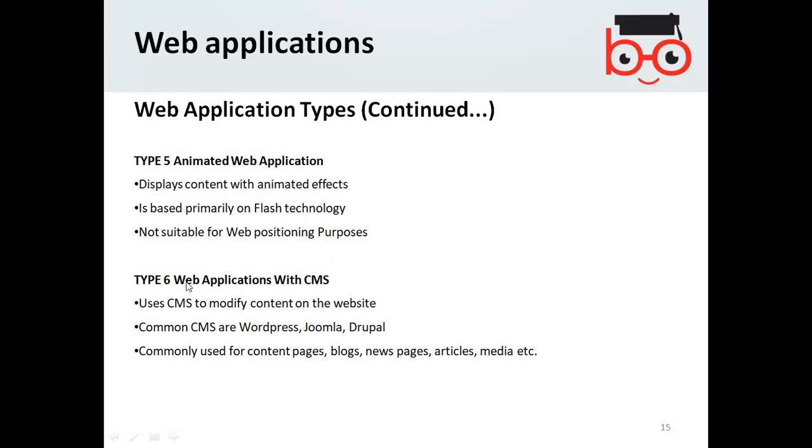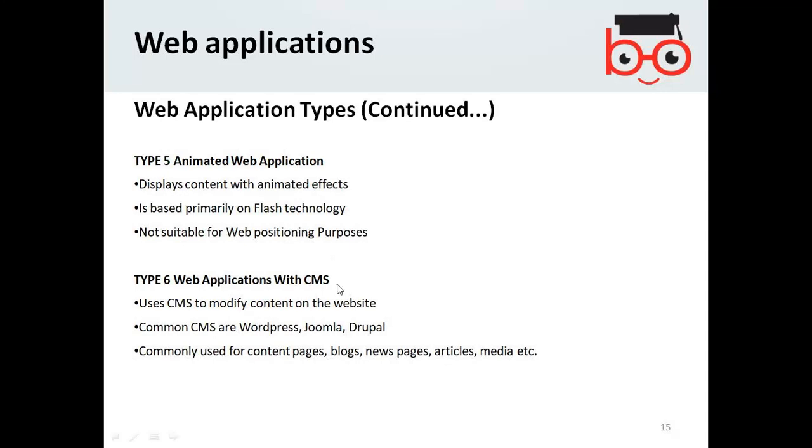And the sixth one is web applications with a content management system, like when you are creating or moderating your website through WordPress or Joomla. Have you heard about those? Yeah, WordPress. You don't need to create your website, the web pages, or the styles on your own, but you need a content management system.